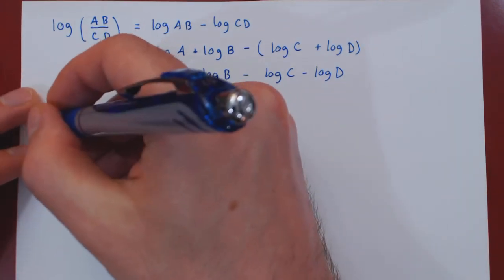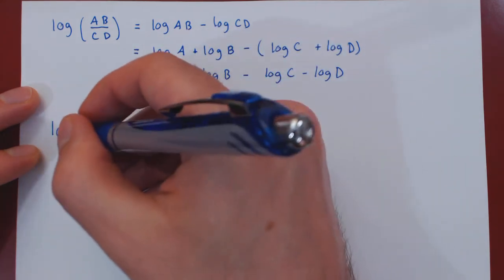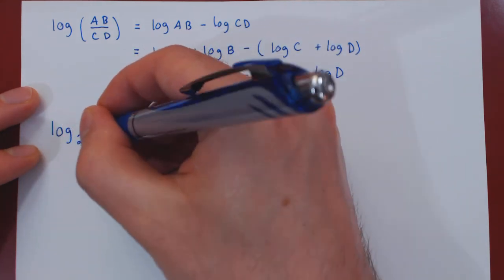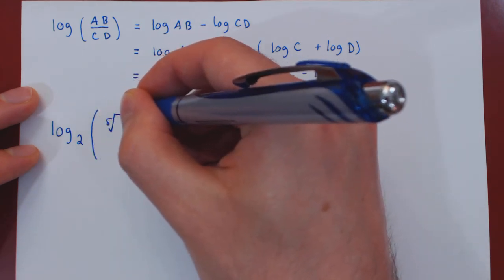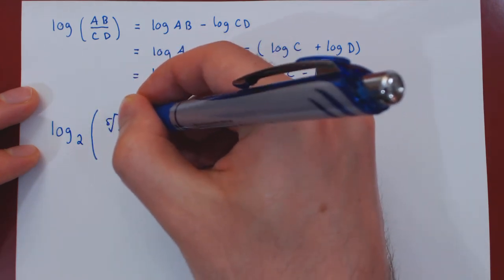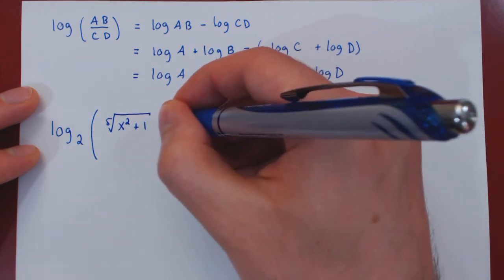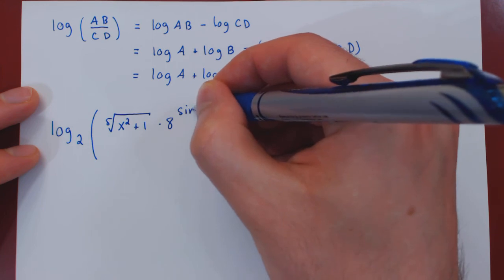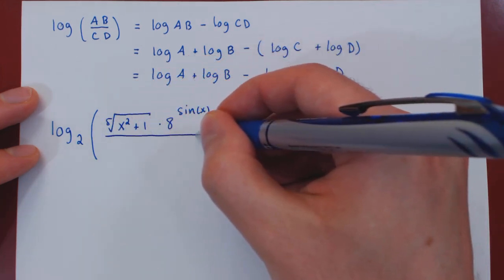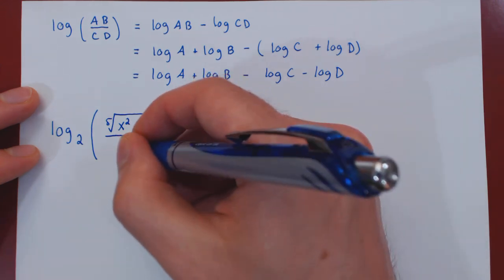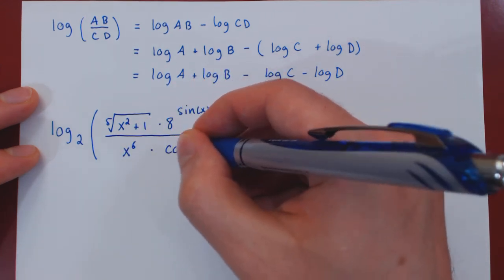So as an example, we'll take the log base 2 of the 5th root of x squared plus 1, times 8 to the sine of x, over x to the 6 times cos of x.